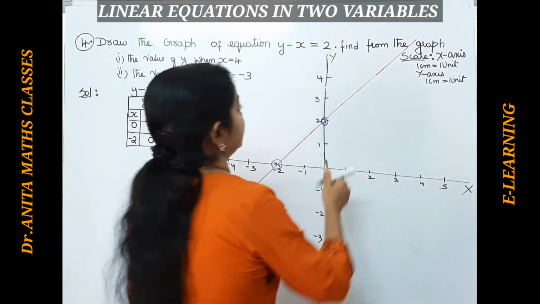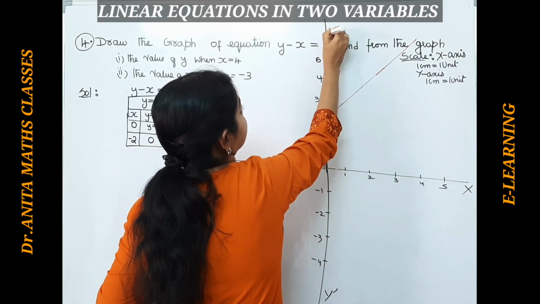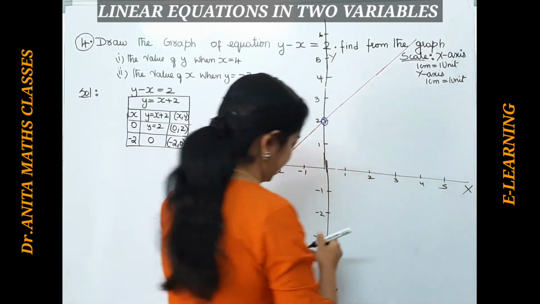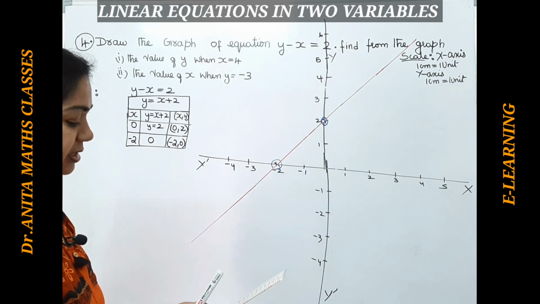Let me write down these points. If you are extending here, this is 5 and this is 6. Somewhere around 6 we will get. Just draw the line here. Extend still more.